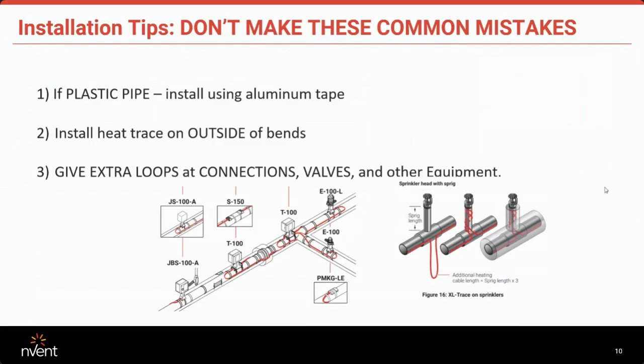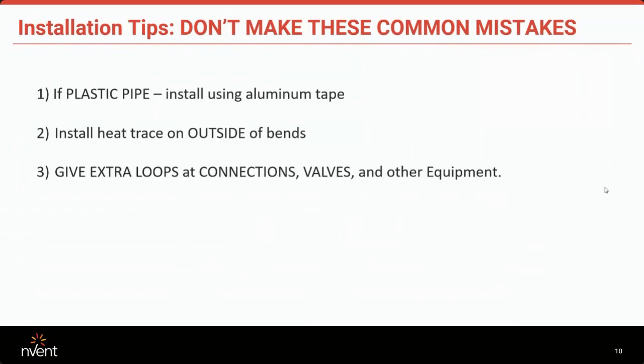But any valves, any pumps, any big obstacles, pipe supports, and again, all of this is in our installation manual, but it's something that is missed very, very commonly. And again, these are areas that will come back to bite you, where either you have to replace it because it's frozen, or if you do have to replace the connection kit, you don't have enough cable to work with.